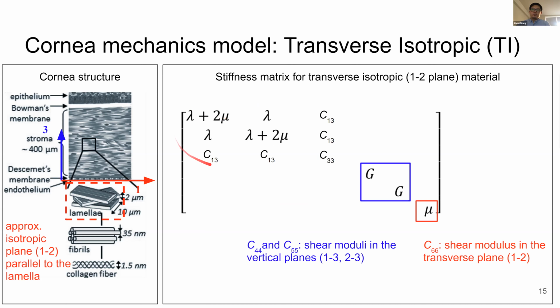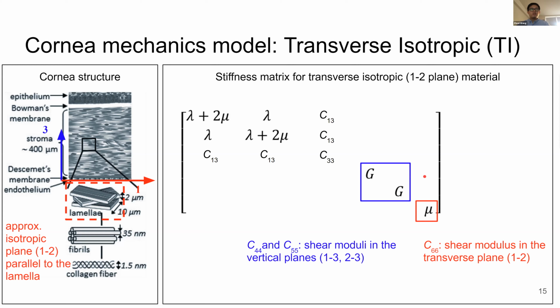For the longitudinal part, we have four parameters: lambda and mu as the traditional isotropic parameters, and we also have C13 and C33 that represent the modulus in the vertical direction.